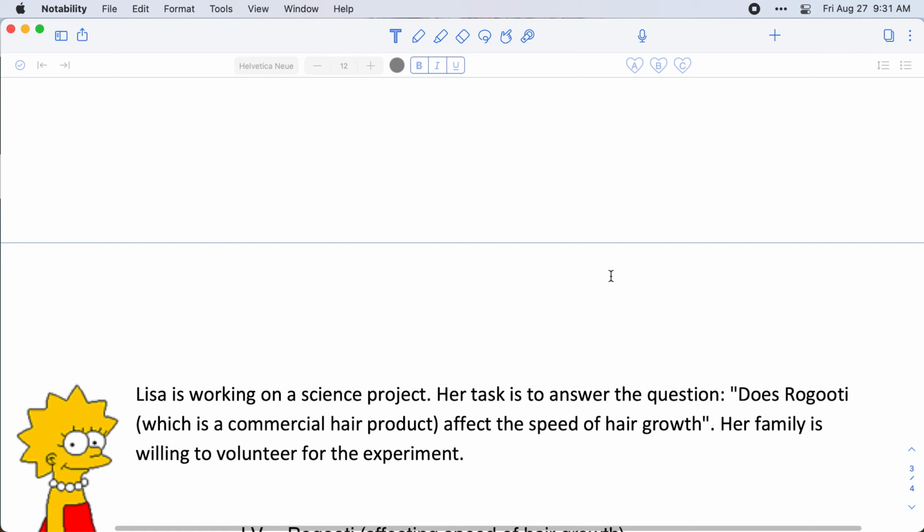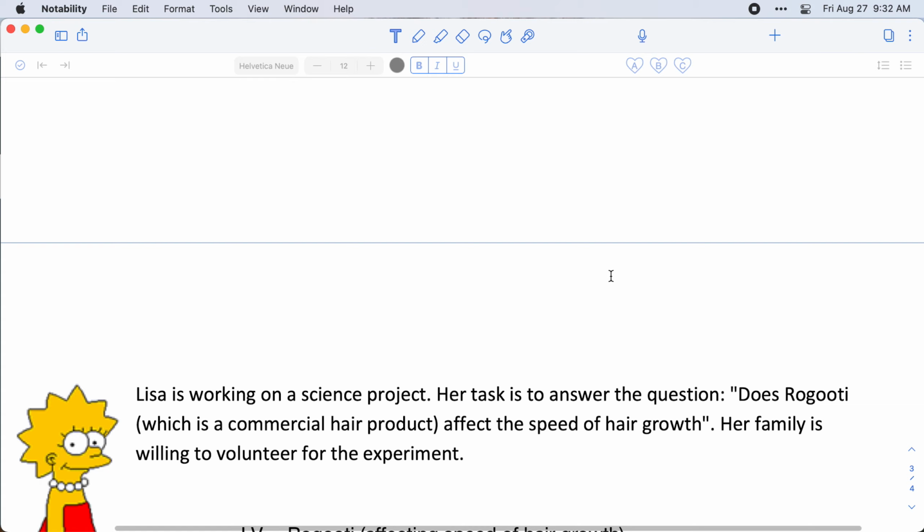The independent variable is the hair product. The dependent variable is the speed of your hair growth, so you're going to record quantitative data. So it's up to you to now say what the control is and the procedure of using this. What do you got?